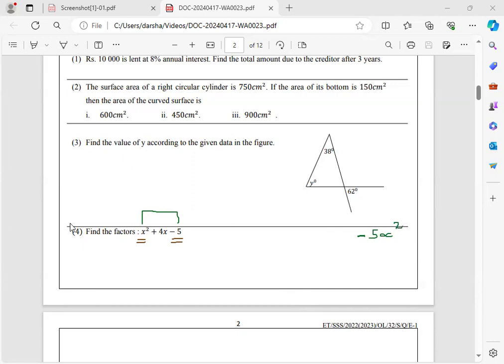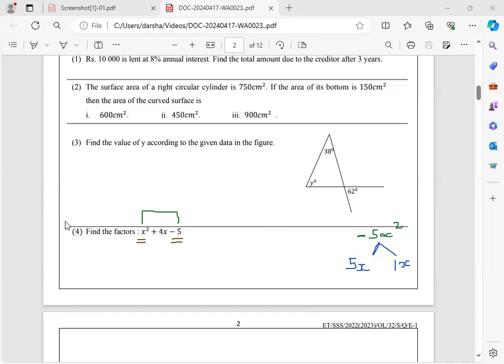Just before thinking about the sign, think how can we make 5x? Only one way we have. 5x multiplied by 1x, we can make it, isn't it? 5 into 1 is 5. X into x is x squared.